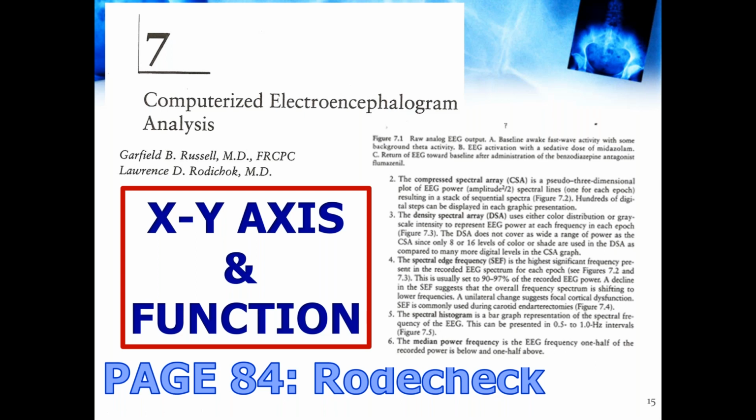And on page 84 of this chapter, there's a detailed description of each of these words. I have it here on this slide, but I can send you the actual page that gives you a good delineation for each different display format of QEEG.